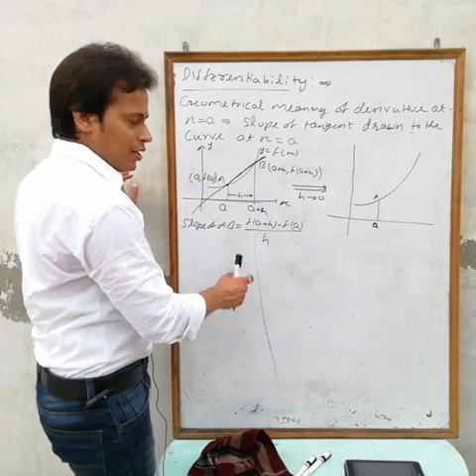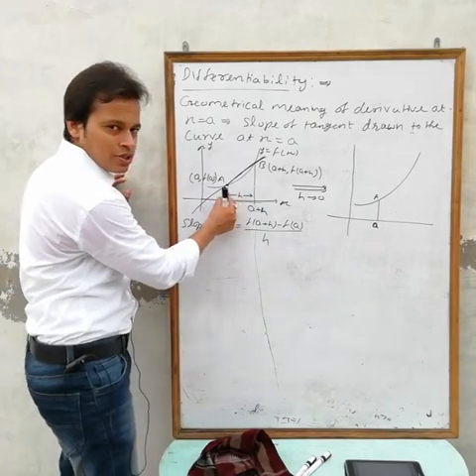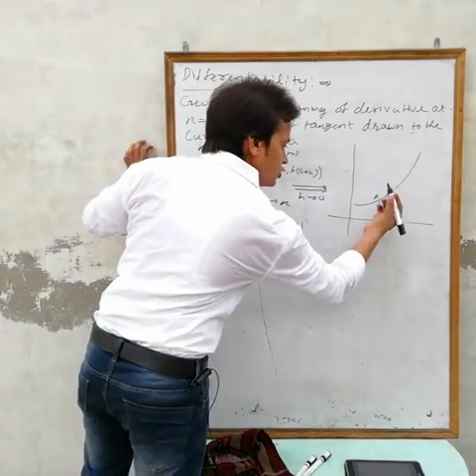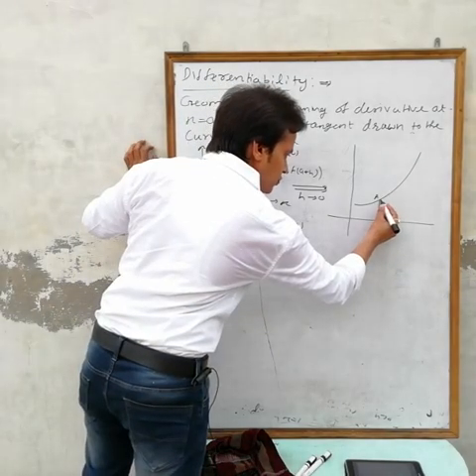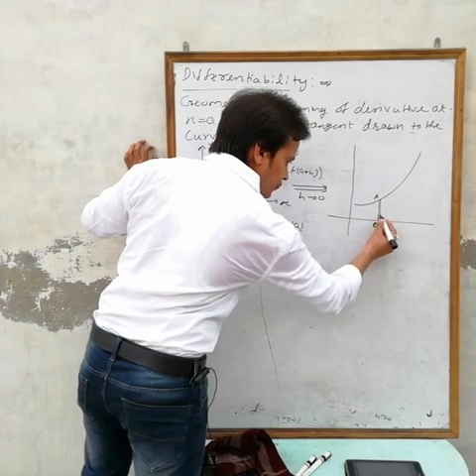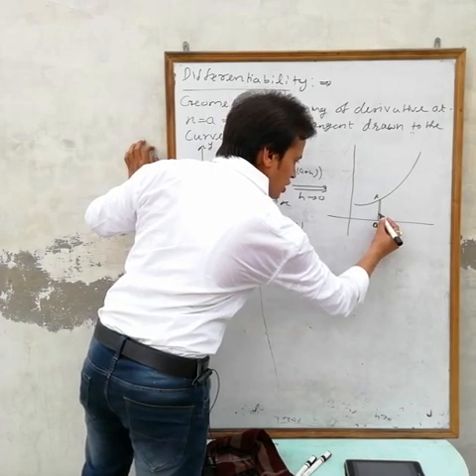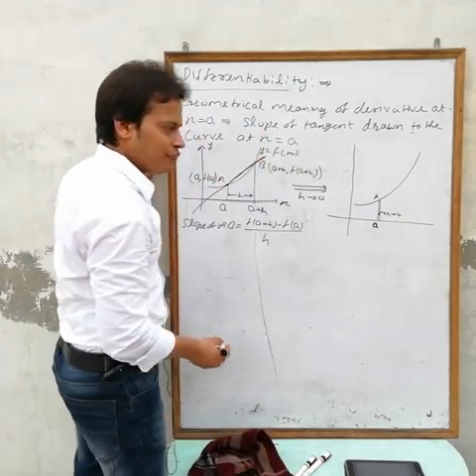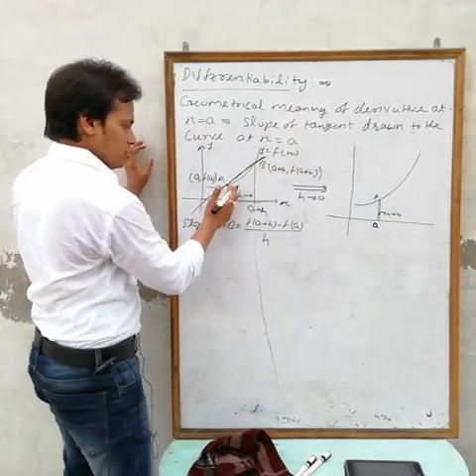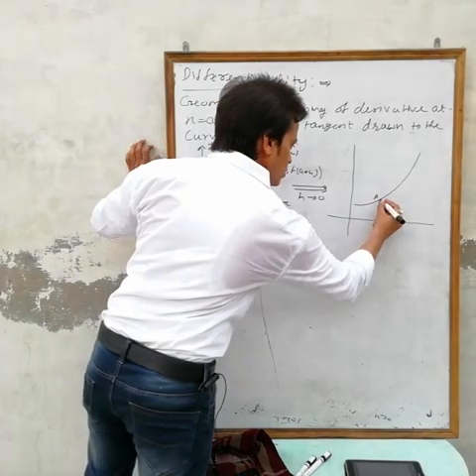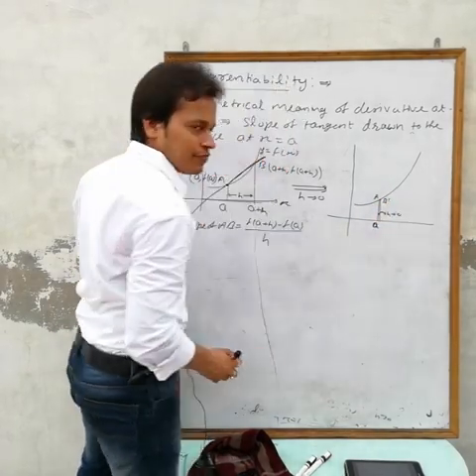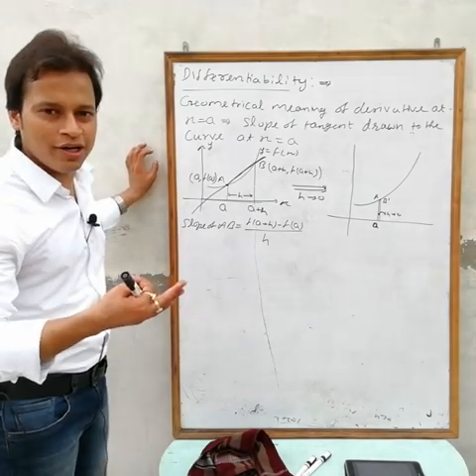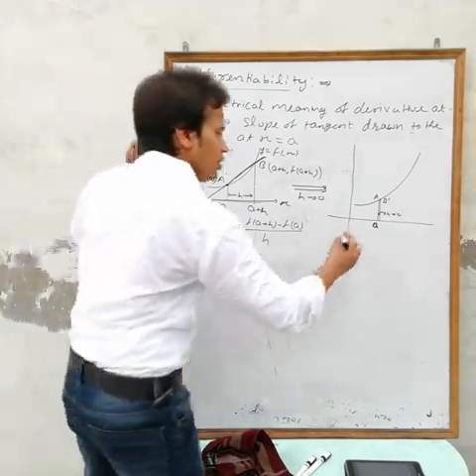Now h is tending to 0, so this gap is now like 0.000000001. Suppose this gap is h and it is tending to 0. Now this point B is just next to it, suppose it is now B dash. Now if you join A and B dash, then you will get the tangent.